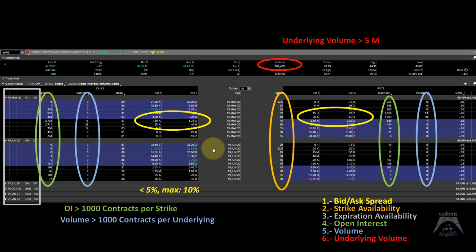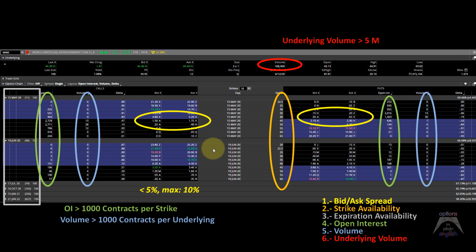So the whole reason for me to make this lesson is for you to understand and to hammer into your brain that you need to trade only liquid underlyings, only liquid options, because then your strategy can be the one that makes or loses money, and not the mechanics of going into the market or coming out of the market, like they would be if the market is not liquid.